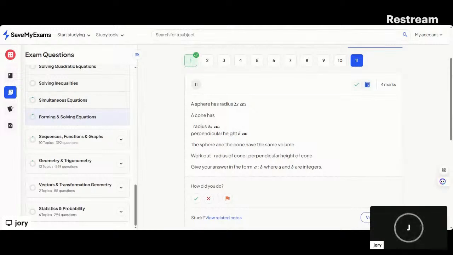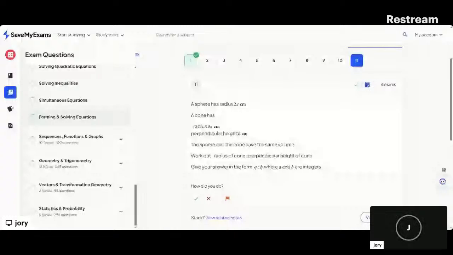So 4 over 3 pi times 8 times x cubed equals 1 over 3 pi times 9h. And we multiplied the 4 over 3 with the pi and the 8.